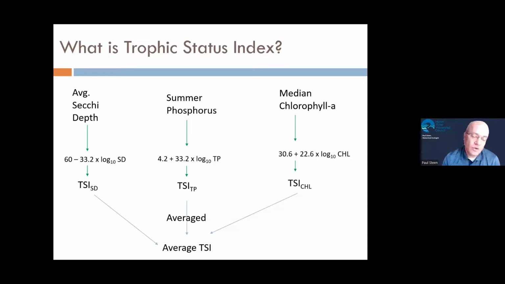So then once you run your results through these equations, you get what is called the TSI number. You get a TSI for Secchi, for phosphorus, for chlorophyll. And then if you wanted an overall average TSI for your whole lake, you just average those three numbers. So when we're talking about TSI, that's kind of where it comes from.